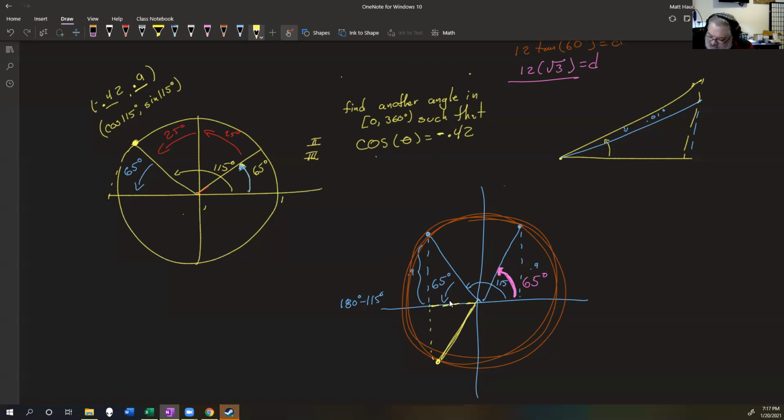Well, if that horizontal distance has to be the same, do we know what this yellow angle is? That's 65 again. Yeah, it still has to be 65.